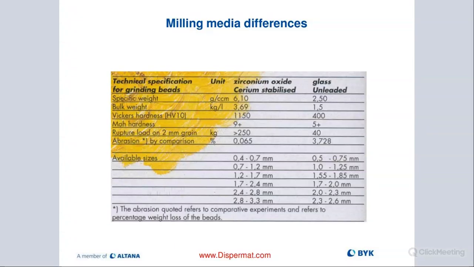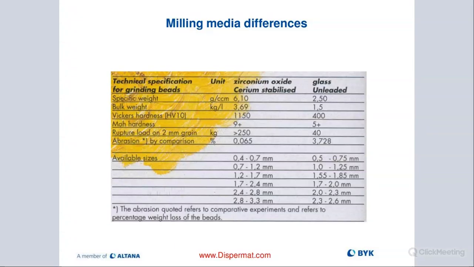You can see that, for example, the specific gravity is much higher on a ceramic bead than on a glass bead. So there's already more kinetic energy that's going to be produced just because we have a higher weight of our bead.